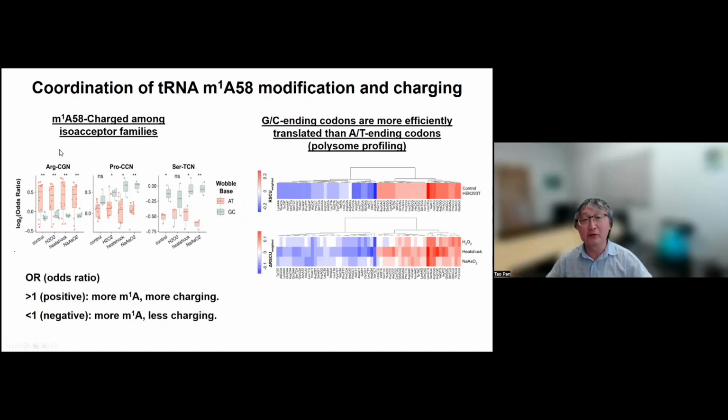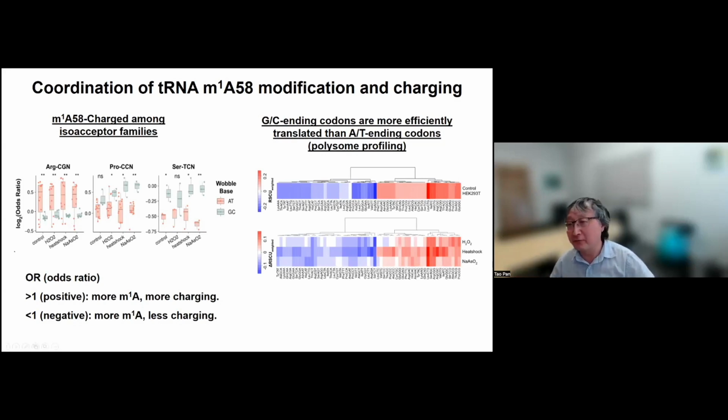That means the charging, even at the charging level, I guess, has something to do with whether the wobble anticodon position is A/U or G/C.